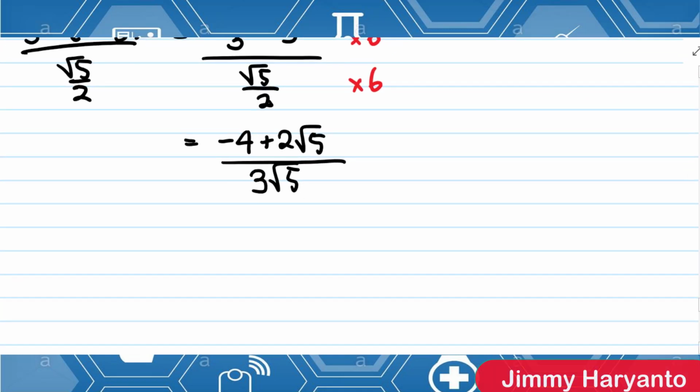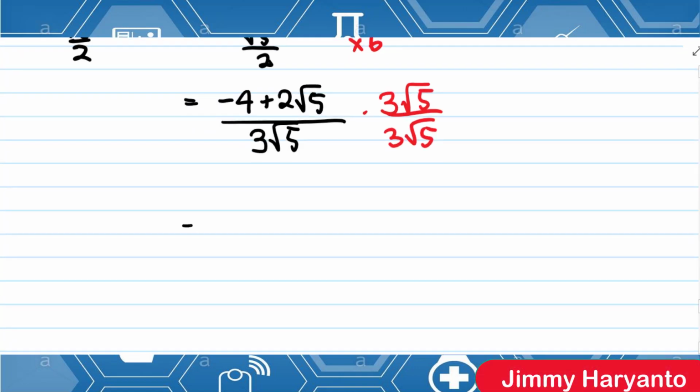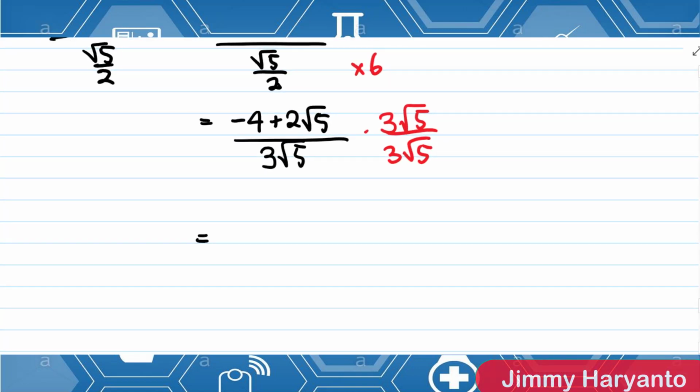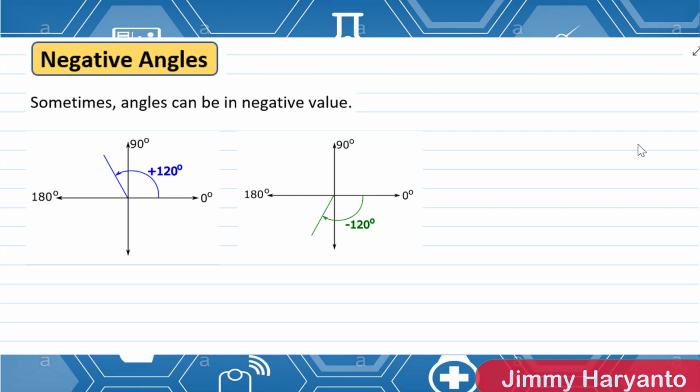We cannot leave 3 square root of 5 in the denominator, so we have to rationalize it, times square root of 5. So the result will be negative 4 square root of 5 plus 10 over 15. There you go.